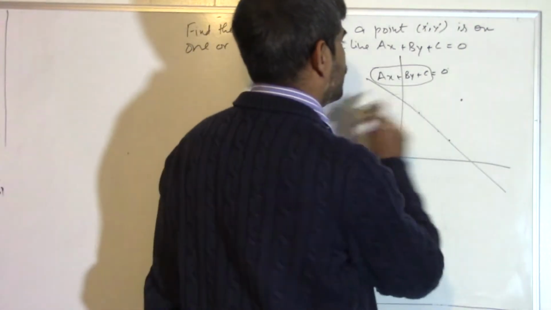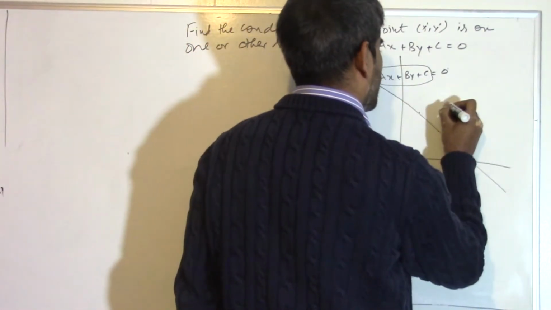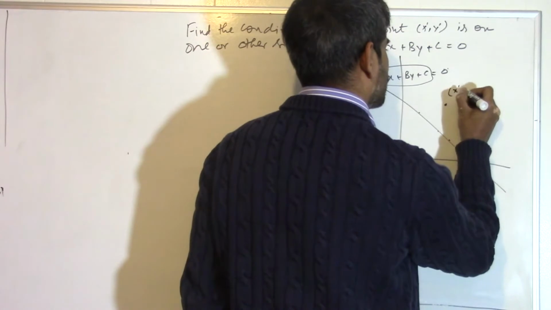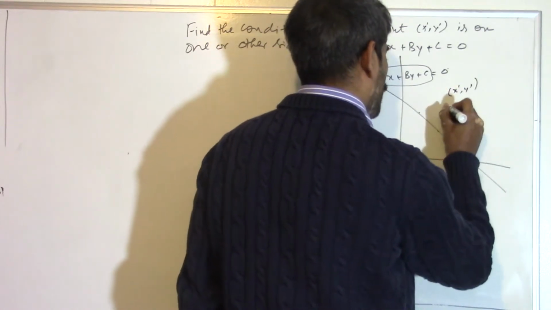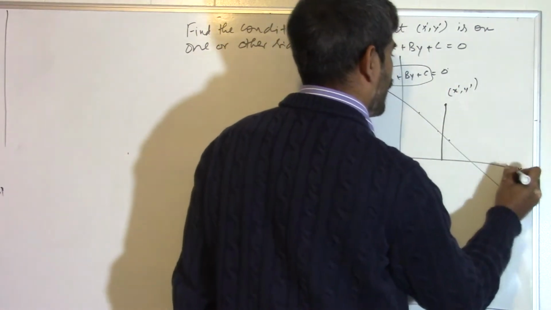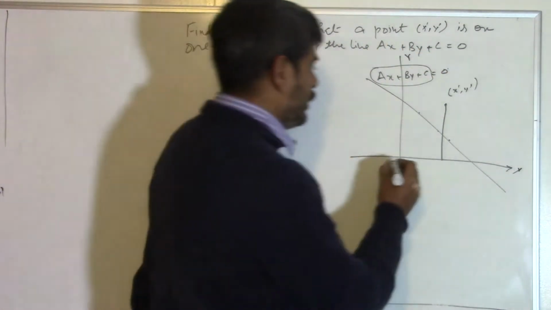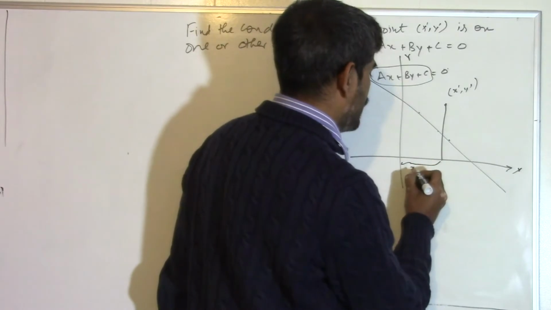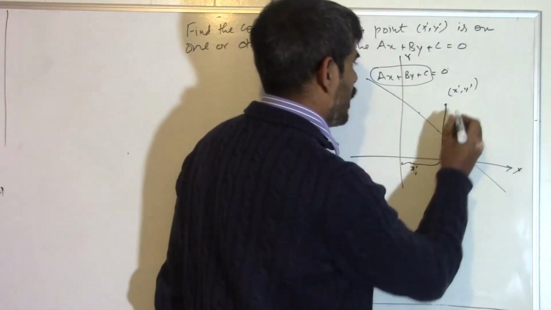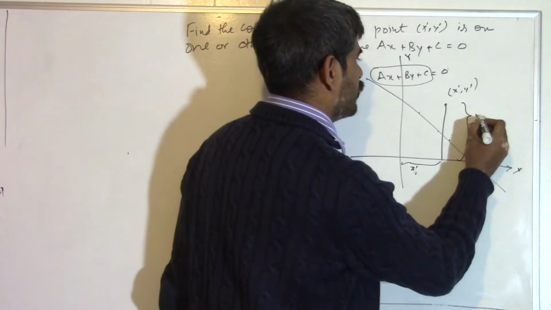Let us say this point lies somewhere here. We call it x dash y dash, and we draw a perpendicular on the x-axis. Then this length is going to be x dash, and this length is going to be y dash.